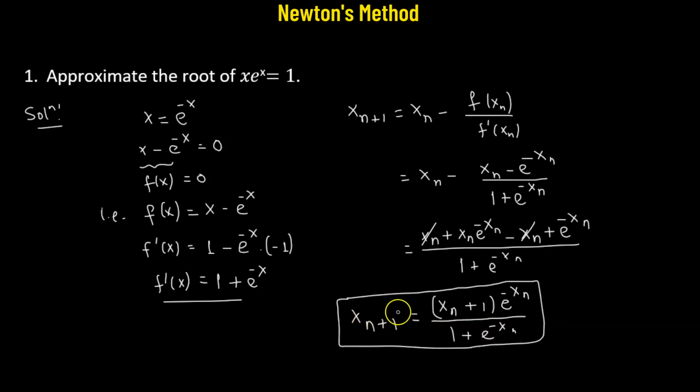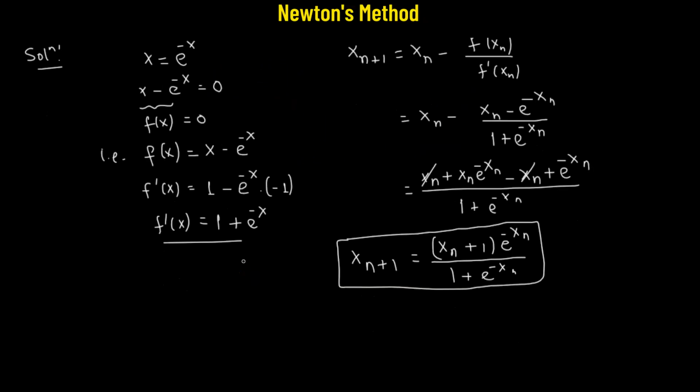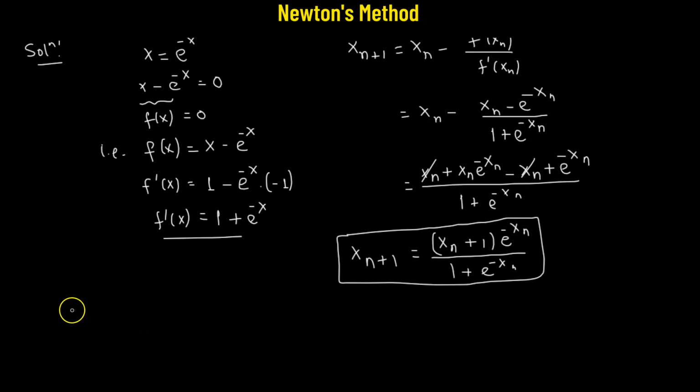So now that we have an expression for x_{n+1}, we'll try to find an approximate value to this equation. Let's start with a guess, x0 equals 1. Let's see if this is a good guess or not. Our equation is x e^x = 1.